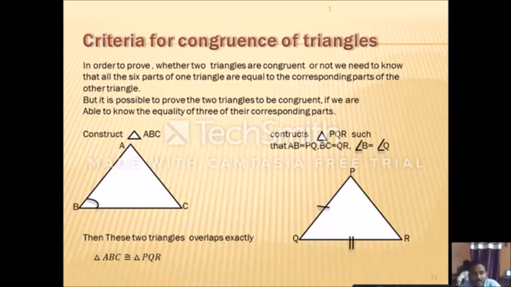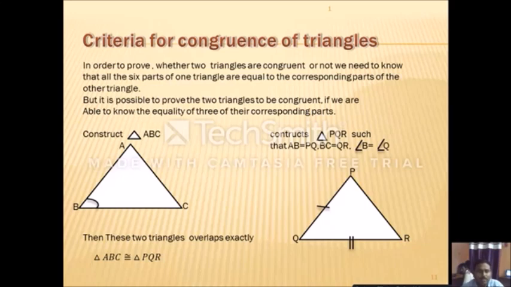But in order to prove that two triangles are congruent, it is not necessary to show that all six elements of the first triangle are congruent to the corresponding elements of the second triangle. Suitable pairs of three elements of one triangle should be congruent to the corresponding elements of the other triangle.